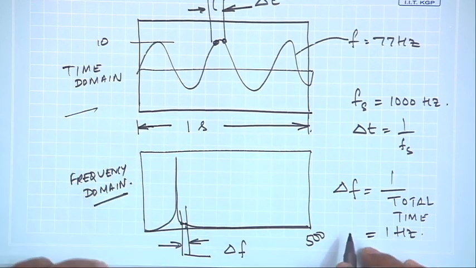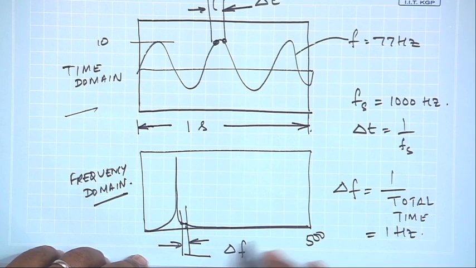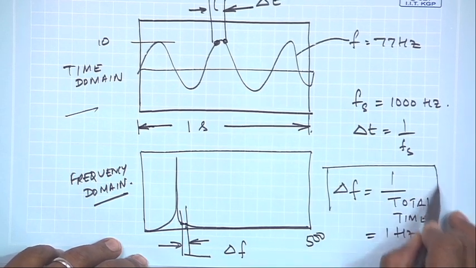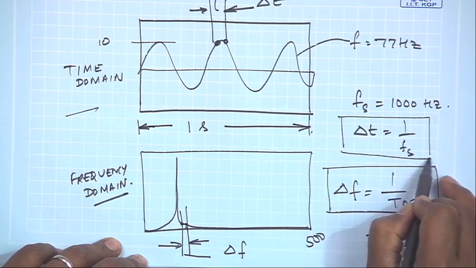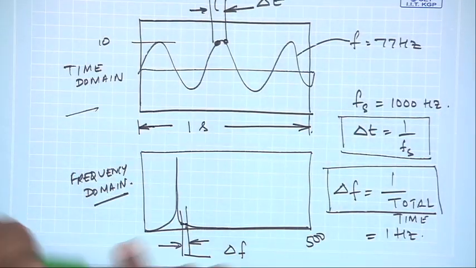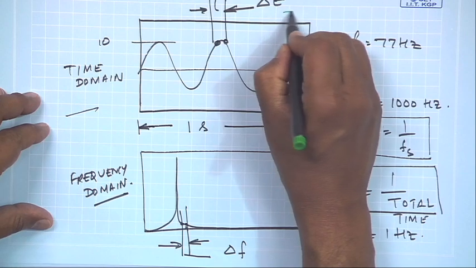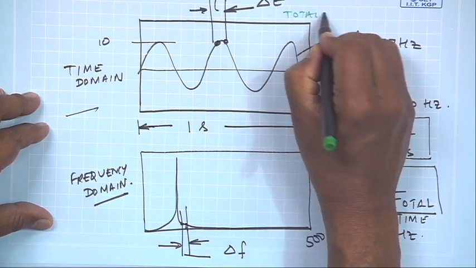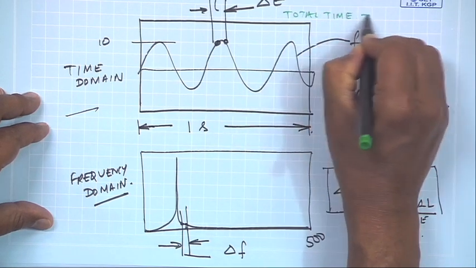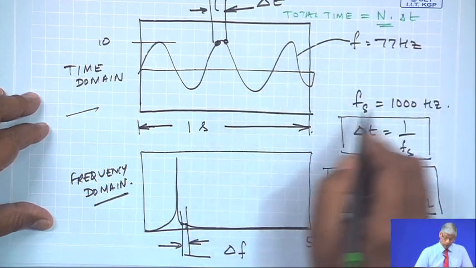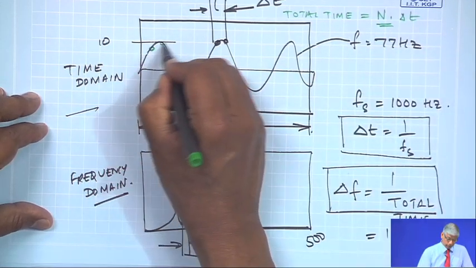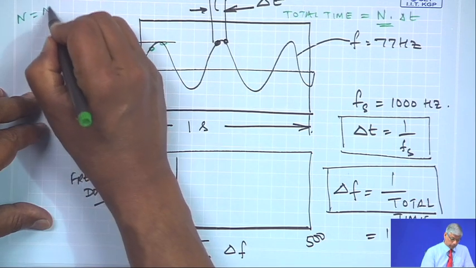The relationship between delta f and total time is very important, and total time is nothing but n times delta t, where n is the number of data points.